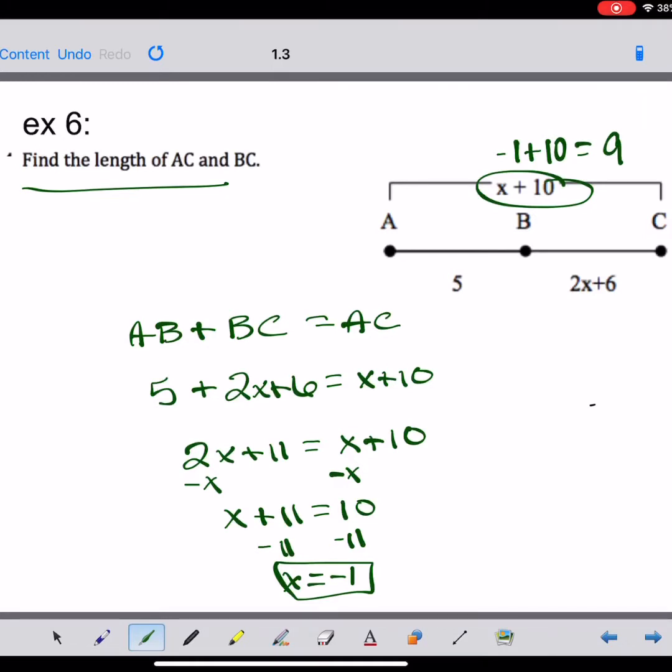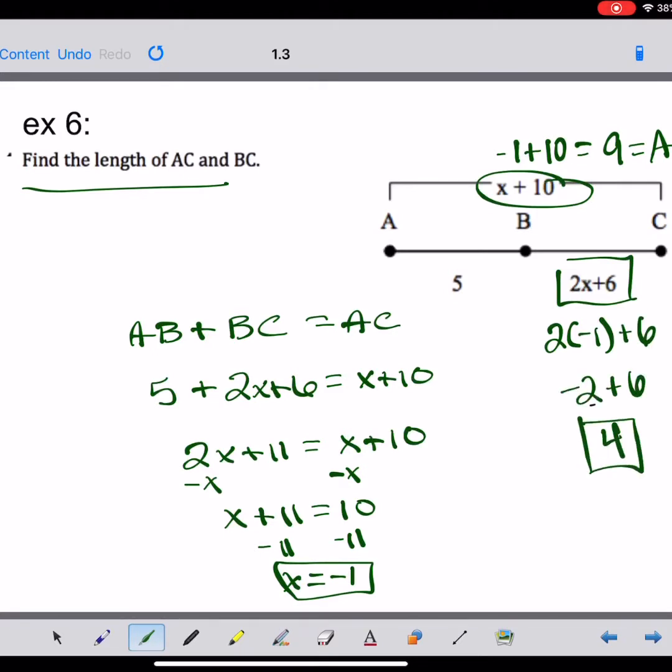So yay, AC is positive. And they want us to find BC, which is represented by 2 times x plus 6, which is 4. So BC is also positive. So just because your answer is negative doesn't mean your lengths are going to be negative.